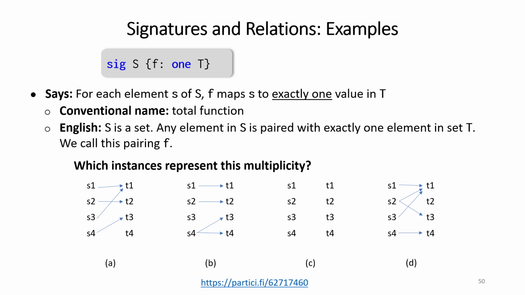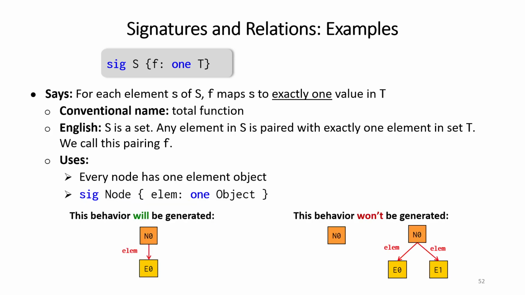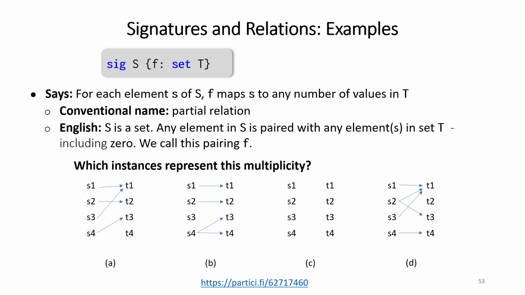This one here, no, now it doesn't, because it needs to be exactly 1. So 1 means always exactly 1, so that also is not good. And this one, like in the previous case, S2 is mapped to 2 elements, so again, not possible. So now it's only the first one. And this way we would generate something where each node must have exactly one element. And then we would not have two elements in a node, or no element, that's also not possible.